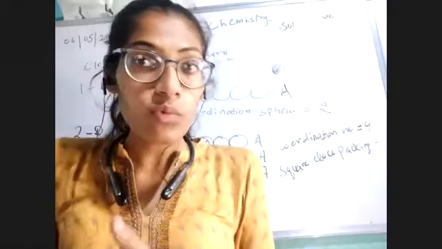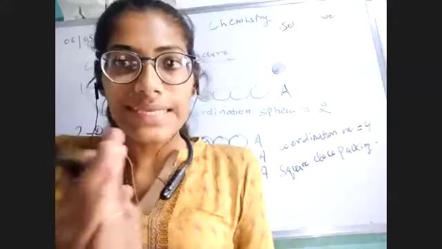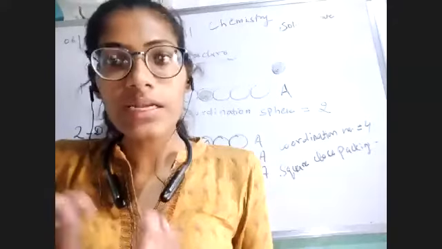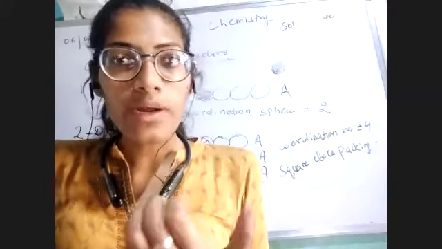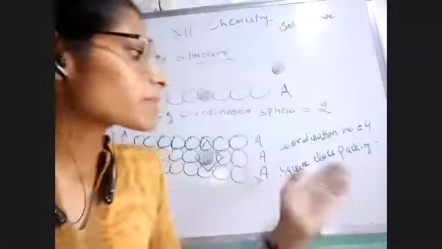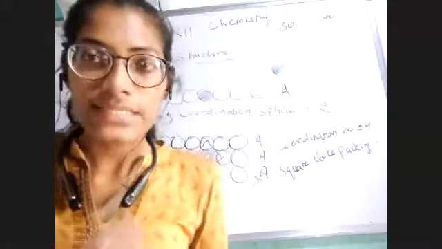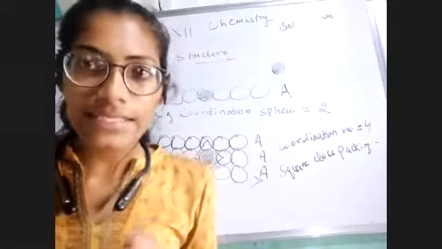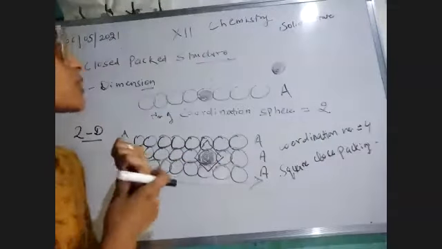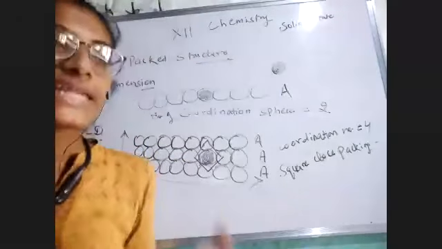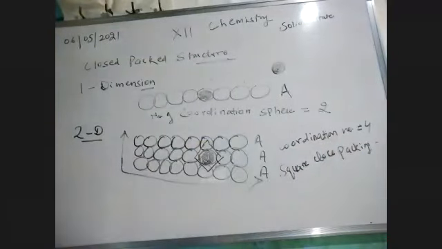What would happen if we put these two rows in a different arrangement? Would the coordination number change? Would the close packing change? Yes, and this is known as the second type of two-dimension close packing structure. Let's see how it happens.